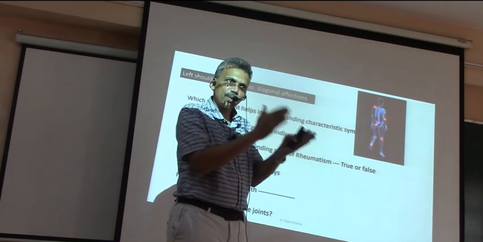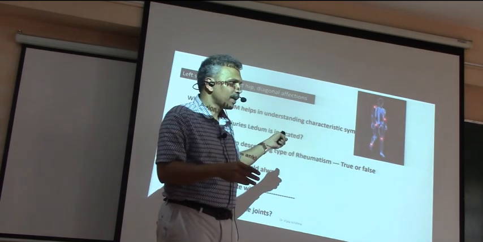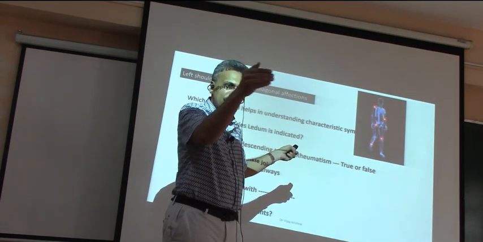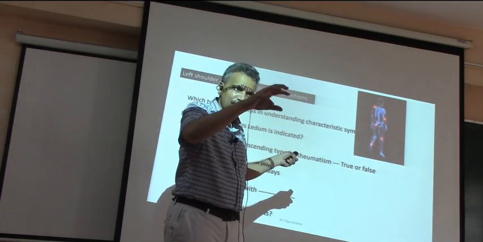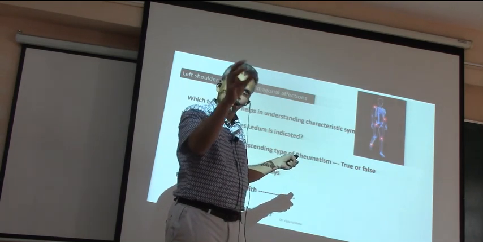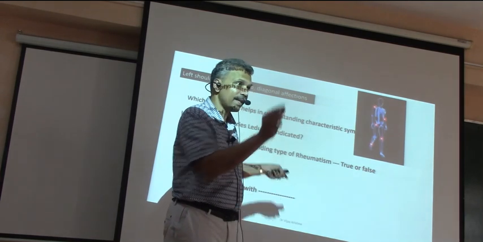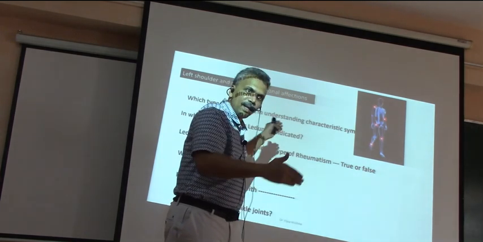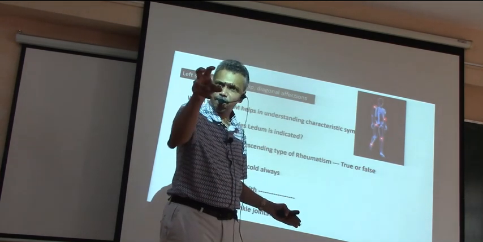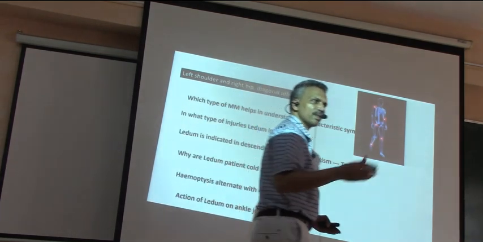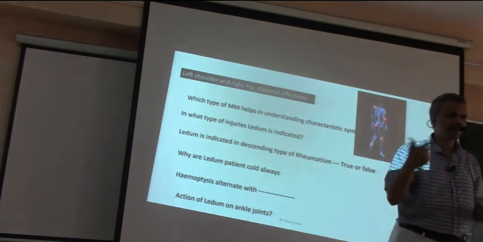See, now after class, go back to the library, open the physiological materia medica and see if Ledum is mentioned there and read it once. That will give you more confidence. Second, read Allen's Keynotes and cross-check if I have given you all the characteristic symptoms. Done? Okay. So any questions or shall we move to the next part?